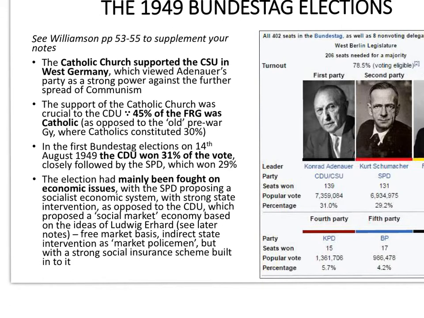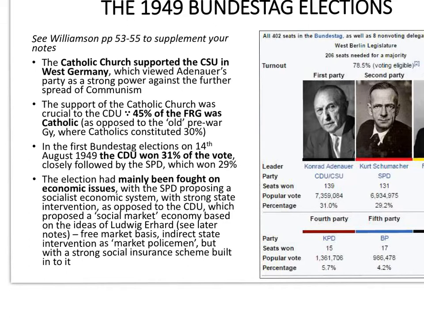The first election was largely fought on economic issues. The SPD proposed a traditional socialist economic system with strong state intervention. The CDU very much proposed this new social market economy, the idea of market policemen. It was a closely won election. The CDU got 31%, SPD 29%.